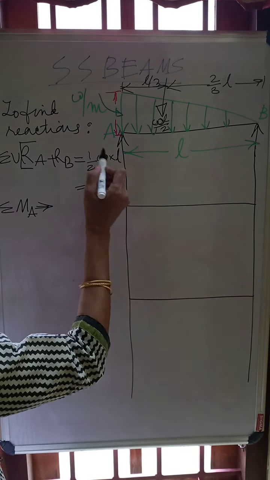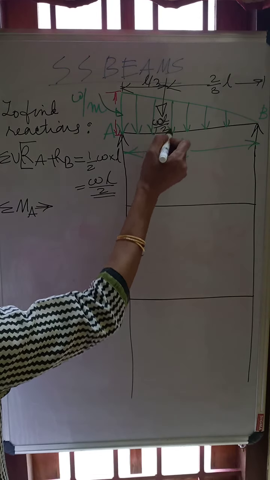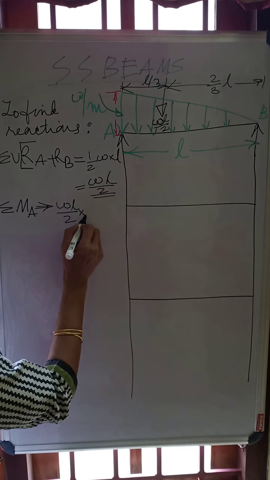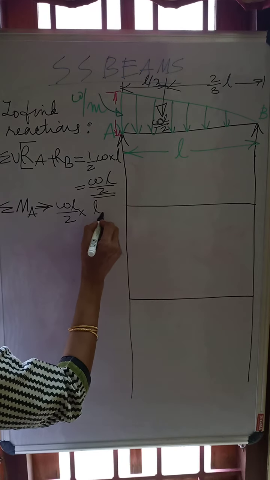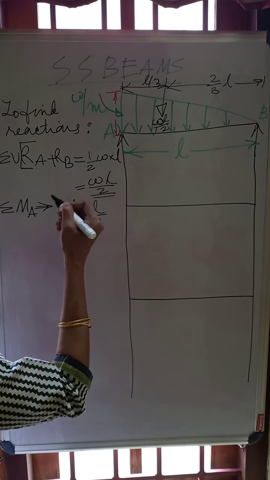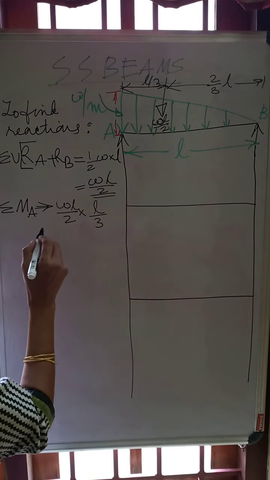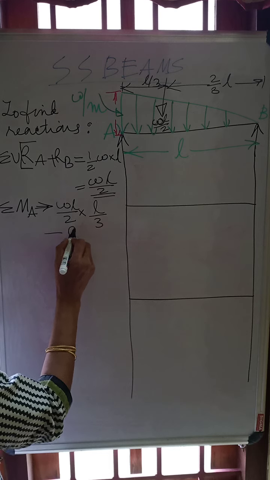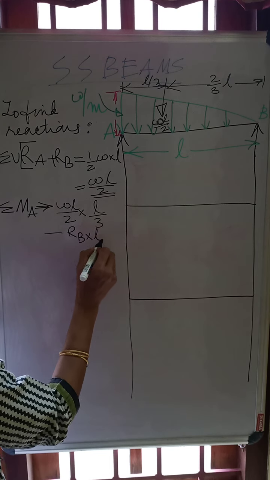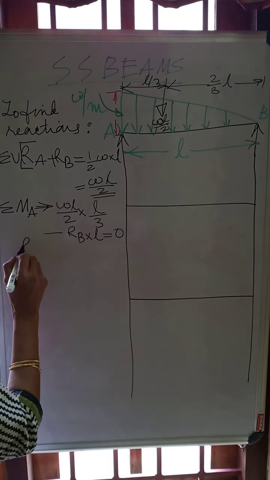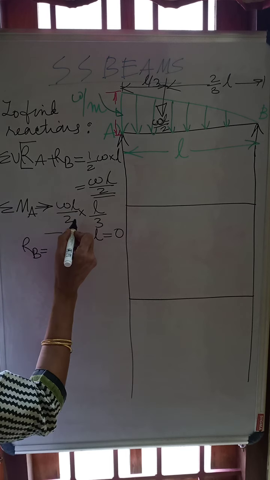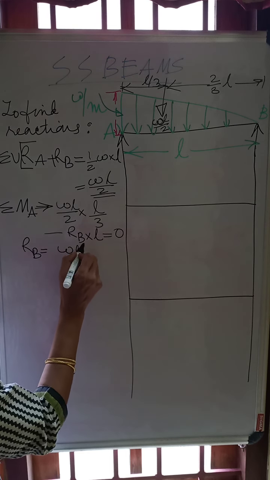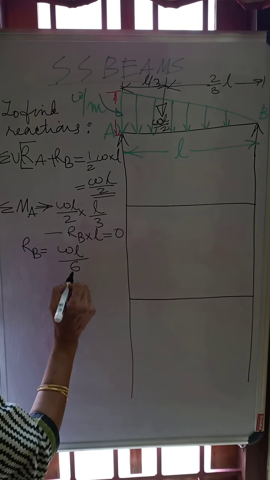So if you take moment about A, you have converted this into a concentrated load. So you can take WL by 2 into, what is the distance? L by 3. This is a clockwise moment. So this is going to be anti-clockwise moment. So you can write RB into L, or you can write minus RB into L is equal to 0. From there you get RB is equal to, L gets cancelled, WL divided by 6.